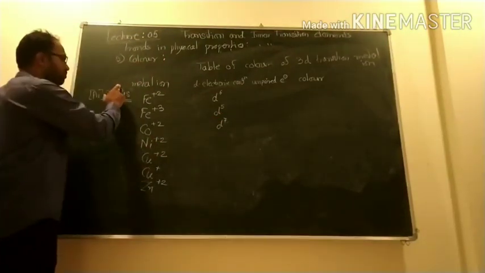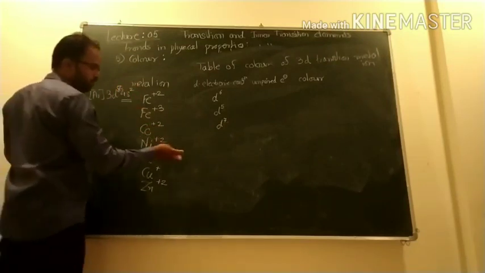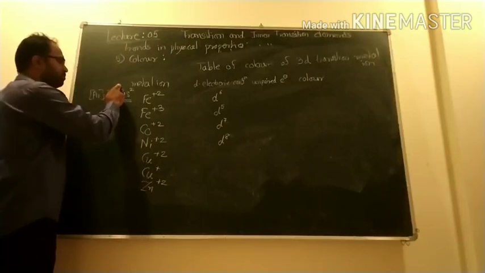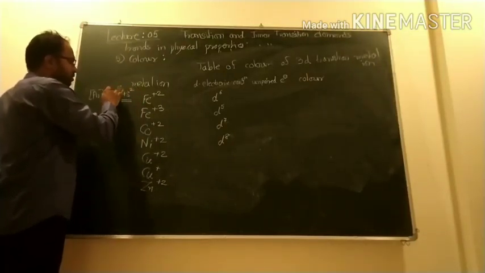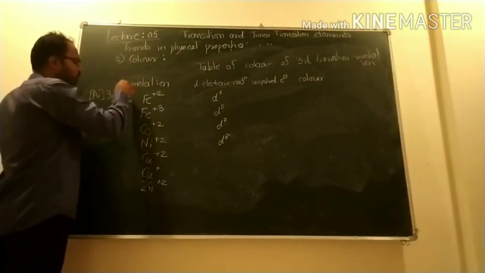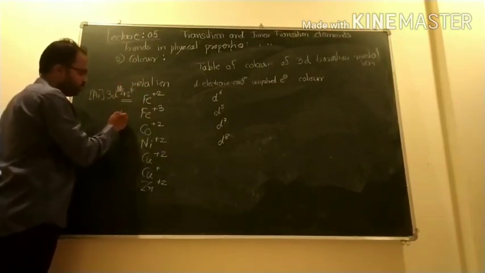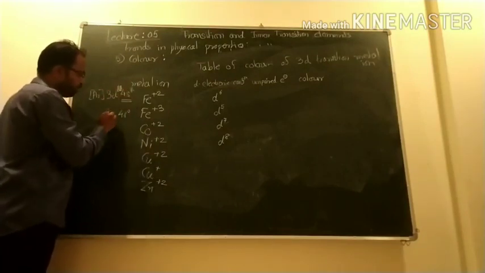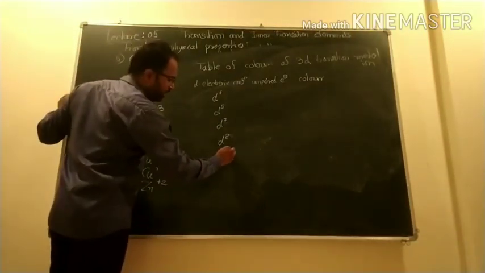For nickel, the configuration is 3d8 4s2, so the d8 case. For copper, the configuration is 3d10 4s1. 1 electron from 4s is removed, that means 4s0, and 1 electron from 3d is removed, that means 3d9. So here it is the d9 case.